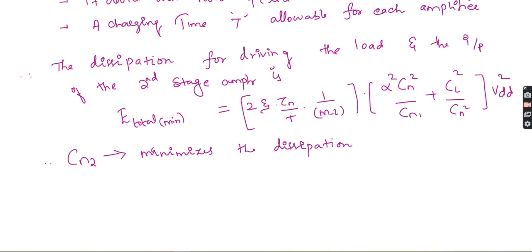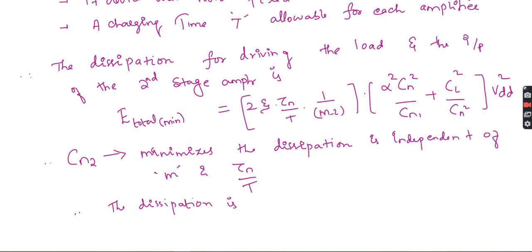It minimizes the dissipation independent of m and tau n by t, because you can see here it doesn't have the Cn2 terms. So the dissipation is linear in t.